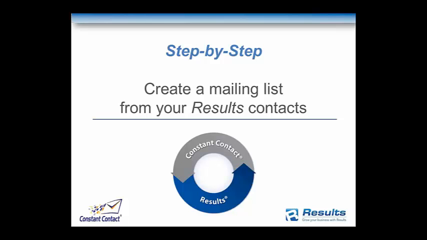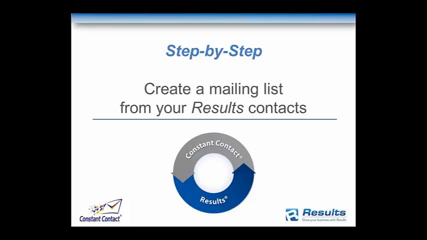In this case, we're going to show you step-by-step how you would create a list for preparing for an email marketing campaign out of Results as step number 1, and then that list is going to become available in your Constant Contact account.